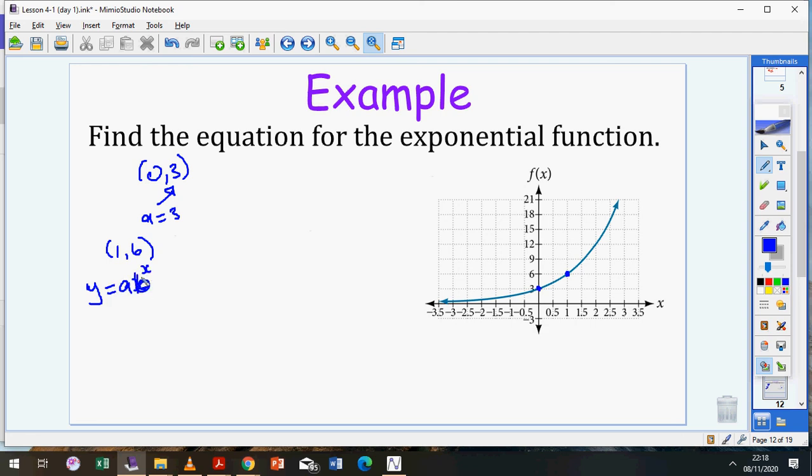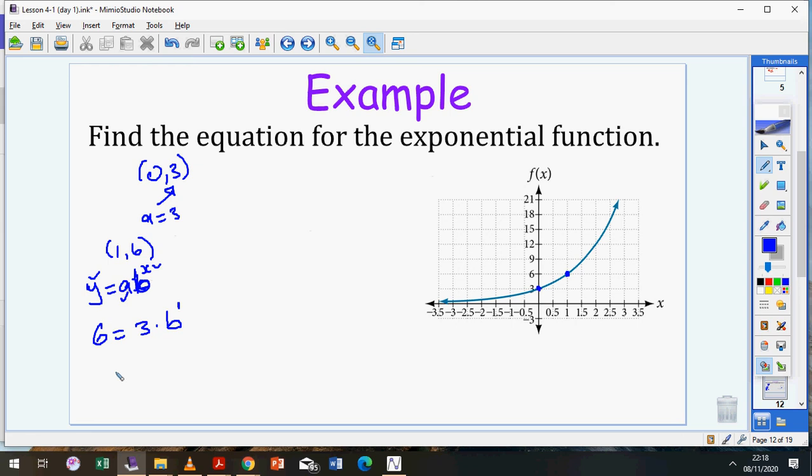I know what a is, I have a y value and an x value. So I can use those three pieces of information to find the value of b. When I find the value of b, I have my equation for the function. So let's do that. Y is 6, I plug in 6 is equal to a is 3 times b, which I don't know, to the power x, which according to this point, x is 1.